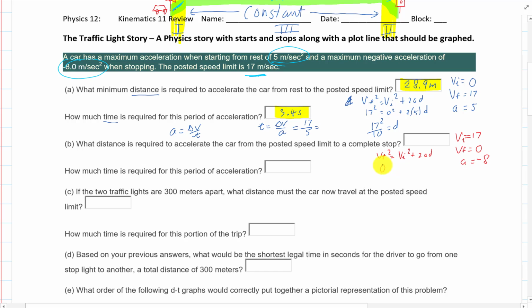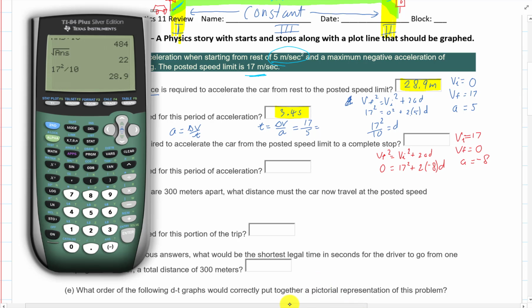VF is 0, VI is 17, plus 2 times negative 8D. So this is going to be 17 squared divided by 16, not 10.